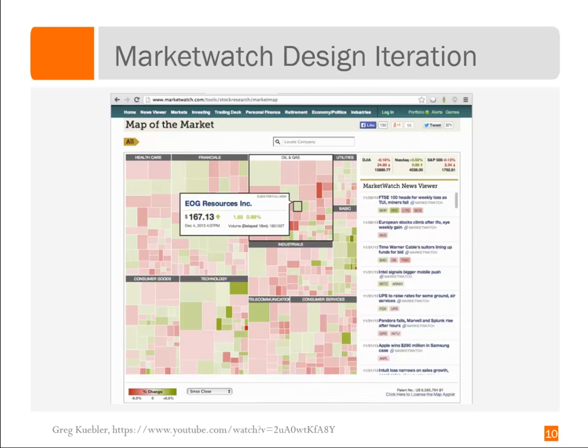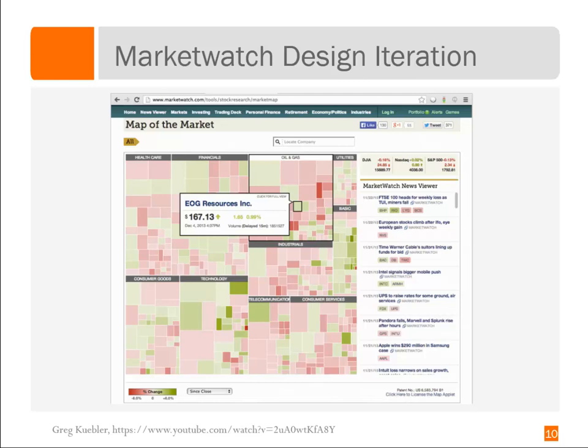So we can see at this particular moment the share price for EOG Resources is $167.13. It is increased in price today. That's why we see the green arrow, and it looks like it's gone up a little over $1, about 1%, something like that. And we can hover on any of these squares to get the equivalent information.